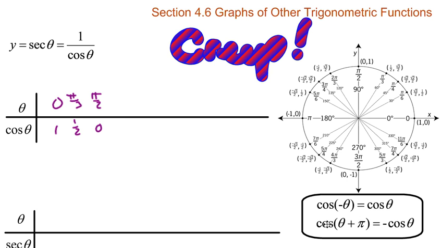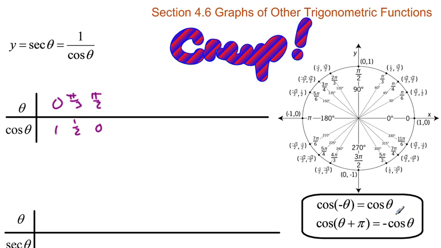I have these two identities over here. One is that cosine is indeed an even function. If I plug in a negative theta, out pops a positive value. That's just by the definition of what an even function is. We're also going to use this cofunction identity: if I take the cosine of theta and add pi to it, that's going to be the same thing as the cosine of theta, but opposite.